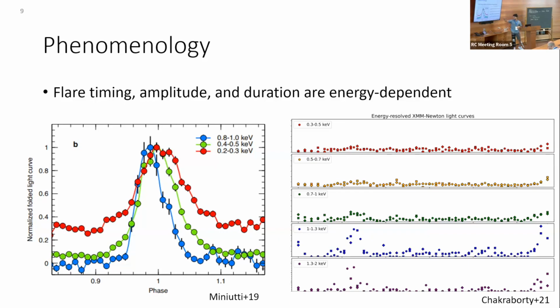So the red, which is the softest band of 0.2 to 0.3 keV, has a smaller characteristic amplitude than if you probe at harder bands. And in addition, the timing and duration properties are also strongly energy dependent. So at harder bands, you also get narrower, more symmetric flares that also peak earlier.